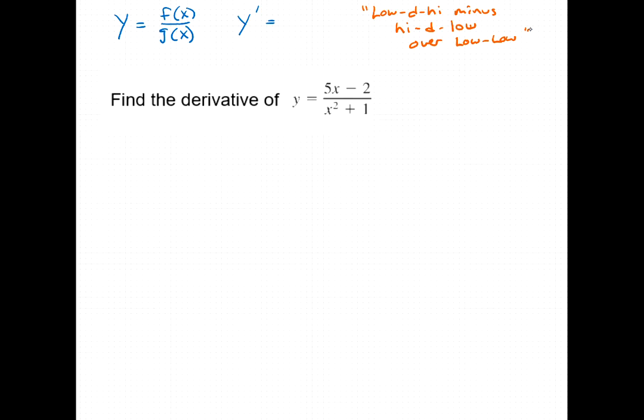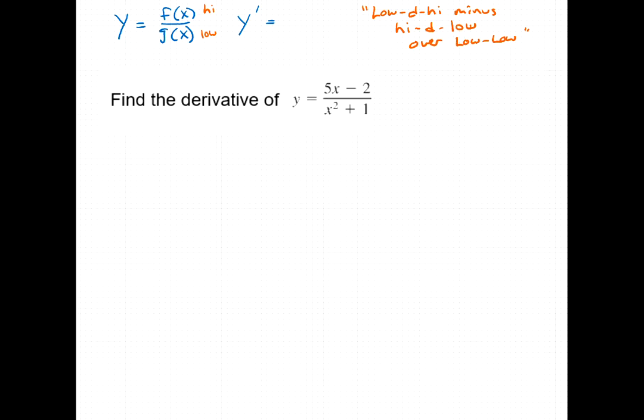And so the way it works is we have the high and the low. The high function is the f of x. It should be h-i-g-h, but I'll just write it h-i. And the low function is the g of x.